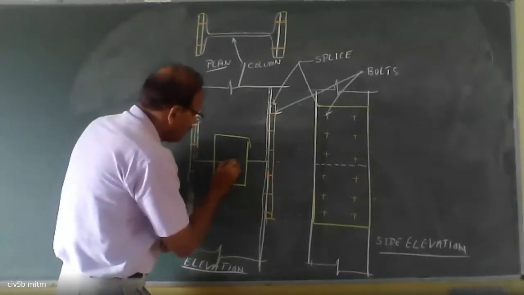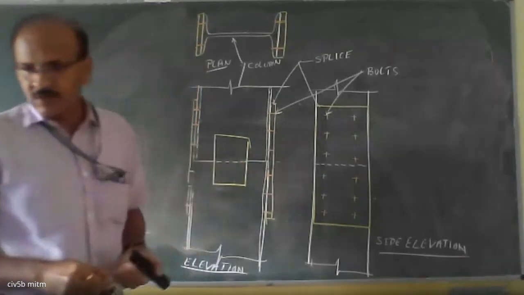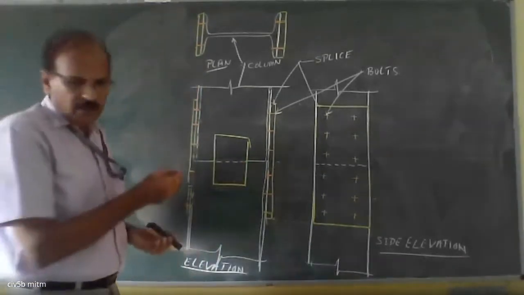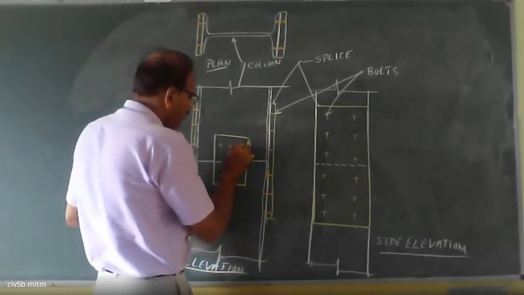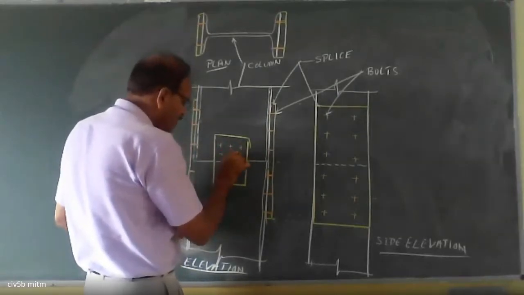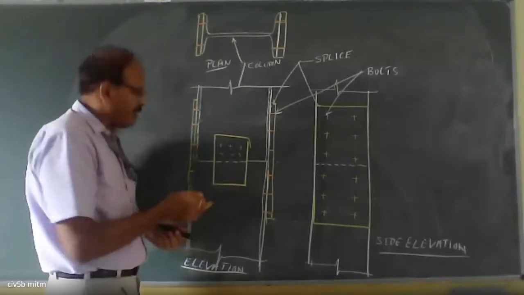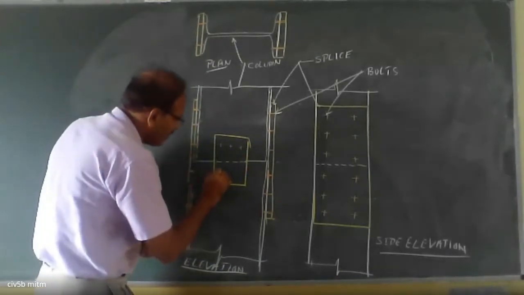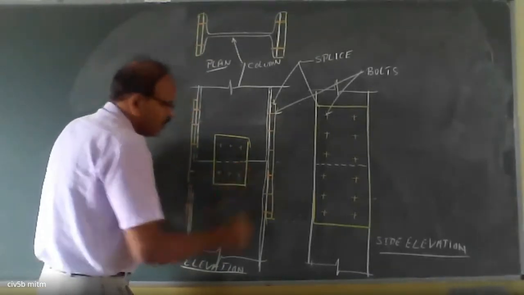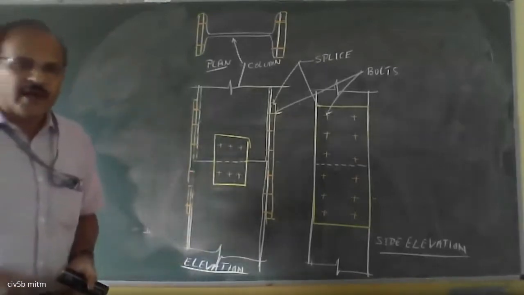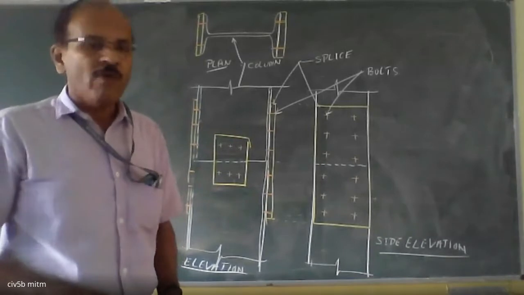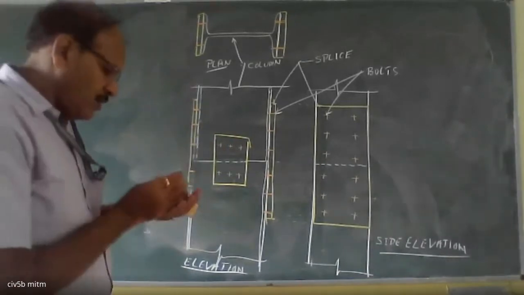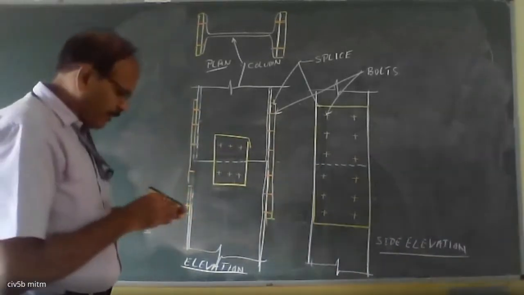This is the way it looks. Then we are going to provide bolts. How many bolts, how many lines of bolts, that depends. Here I am going to show only one line of bolts with 3 bolts on each line, on each side of the column. This is called web plate or web splice.